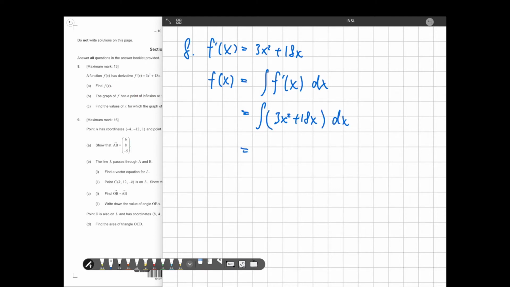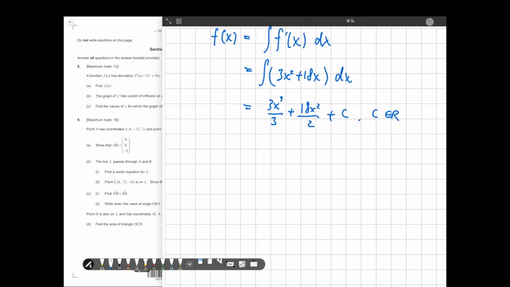The first part will be equal to 3x cubed over 3, and then 18x squared over 2, and then plus c, and c is just a constant in the real numbers.